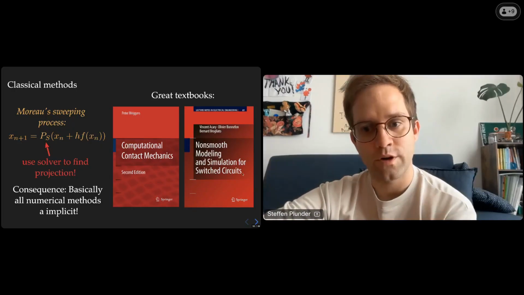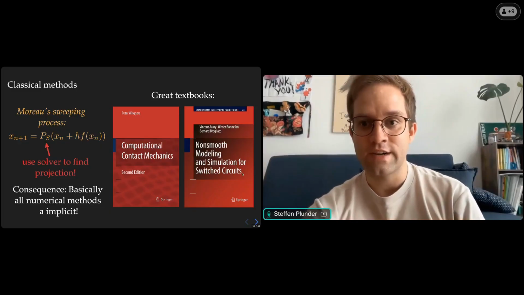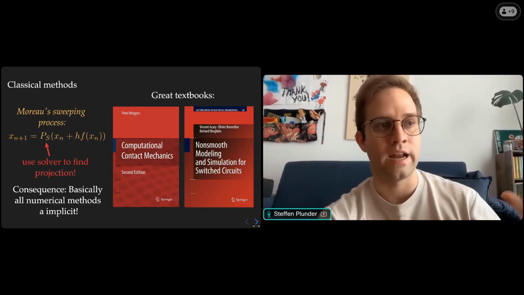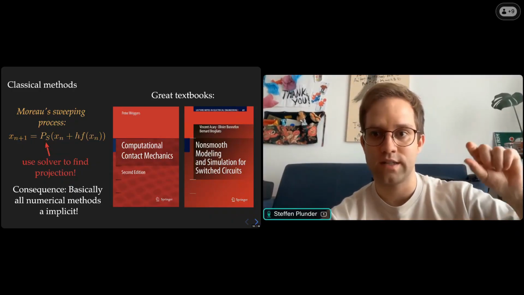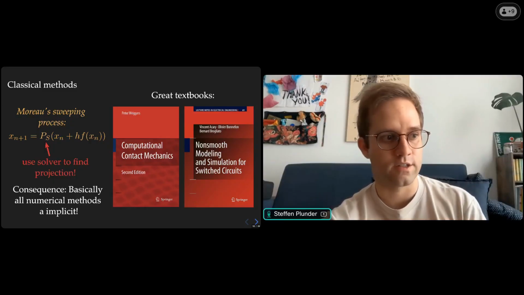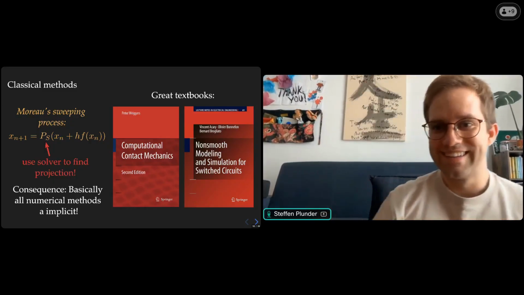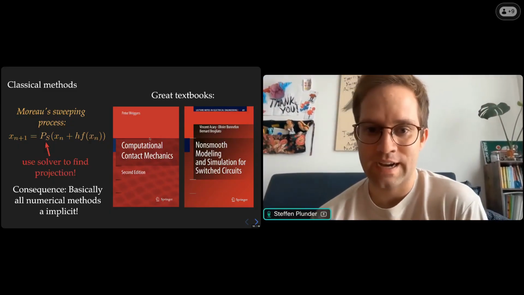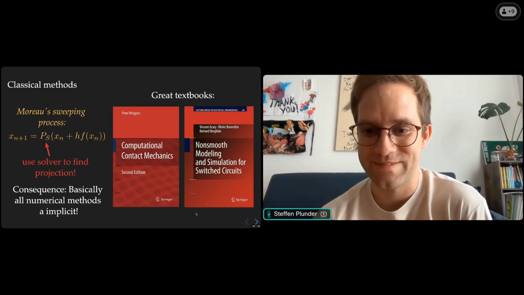Also a good point, because I'm talking with people from Taiwan: differential equations with inequality constraints are also very important to simulate electronic circuits, because in electronic circuits there are also situations where we have inequality constraints due to, I think, Kirchhoff's law. Not completely sure. So there's a lot of theory also in that direction, but I was only interested in the contact, so I'm not an expert on the other part.